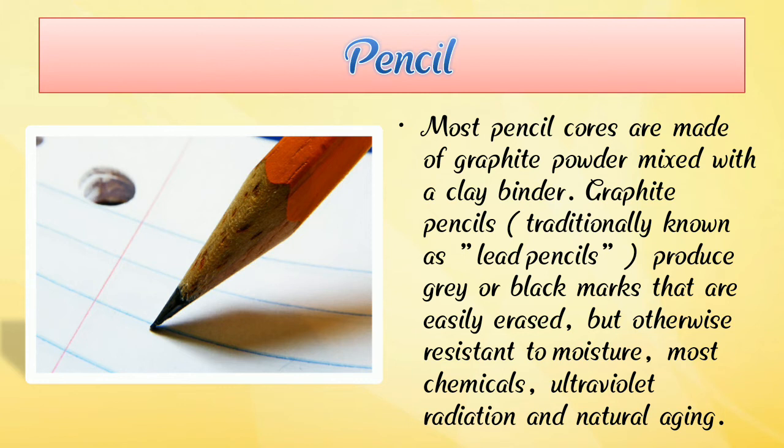Graphite pencil, traditionally known as a lead pencil, produces a gray or black mark that is easily erased but otherwise resistant to moisture, most chemicals, ultraviolet radiation, and natural aging. So pencils are made from graphite. Okay, children, you all understand about pencils.